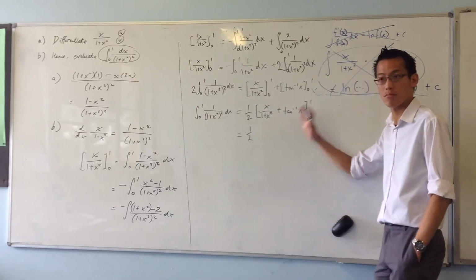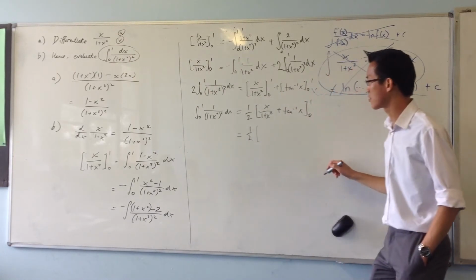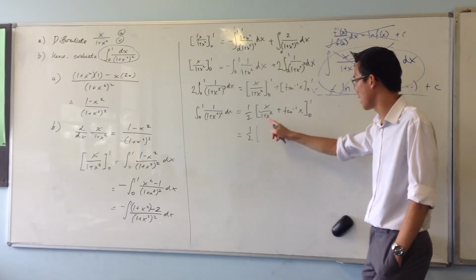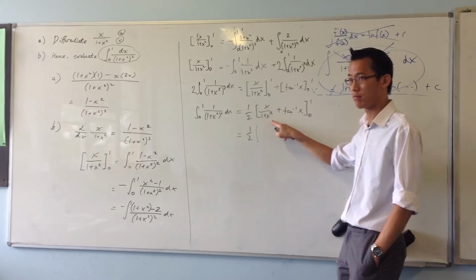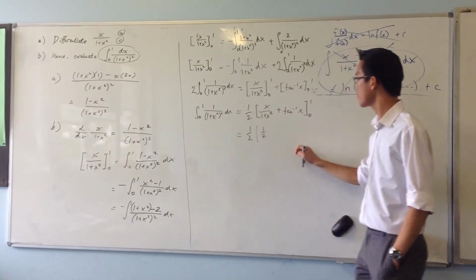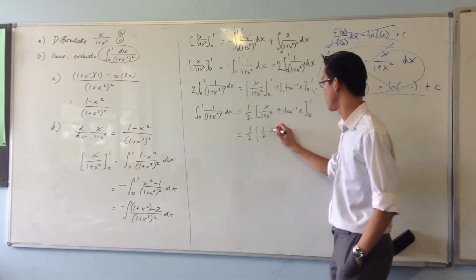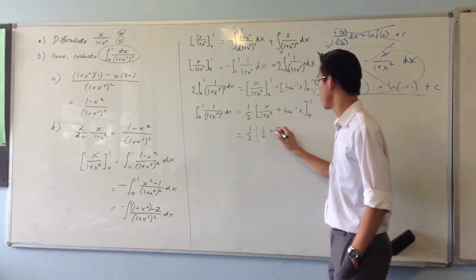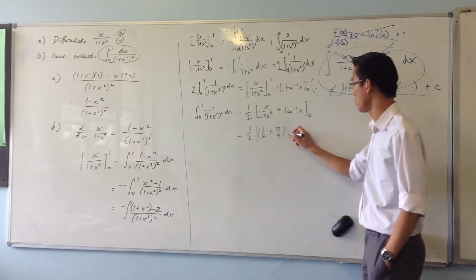So now I just finish off and tidy up. Let's evaluate it at 1, which is the upper bound. I'll get 1 on 1 plus 1, plus tan inverse of 1, which is pi on 4. There's my upper bound. Let's do the lower bound as well.